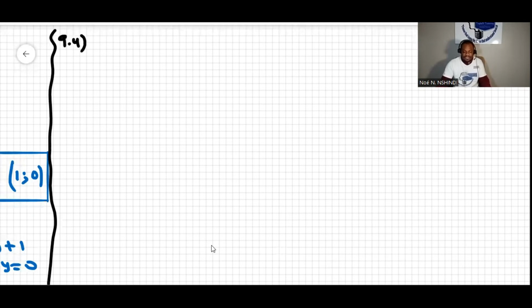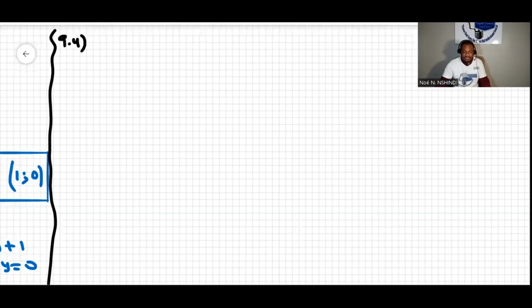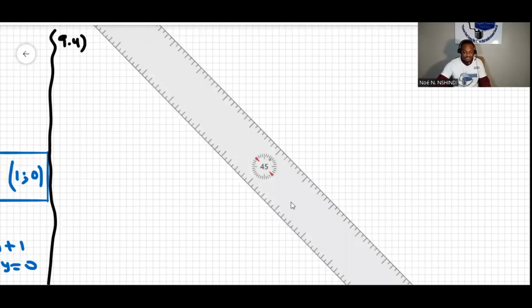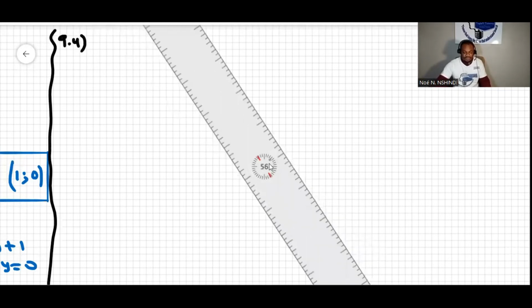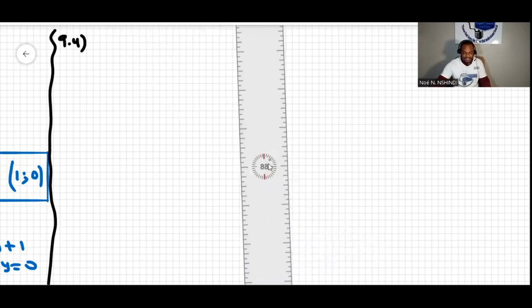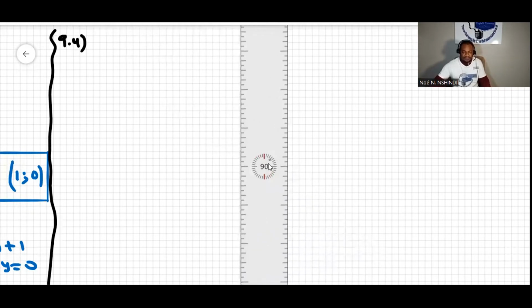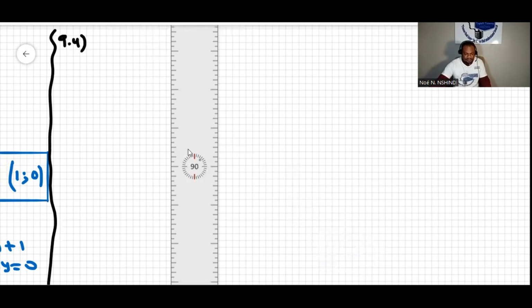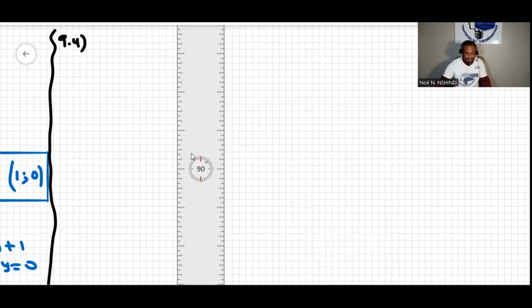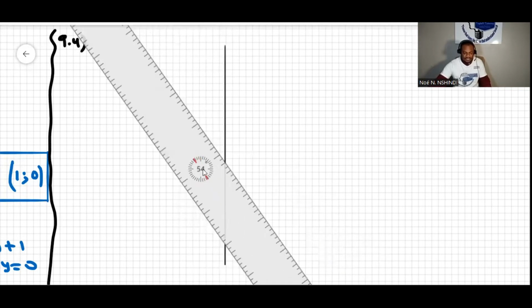Now, to do that, I'm using the Cartesian plane. It may not be mentioned, but you understand when they say sketch, you're going to use the Cartesian plane. So I am going to draw my vertical axis. Let's draw it there. And then the horizontal axis, the x-axis.